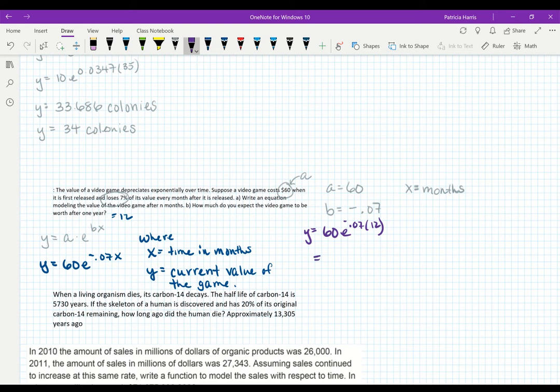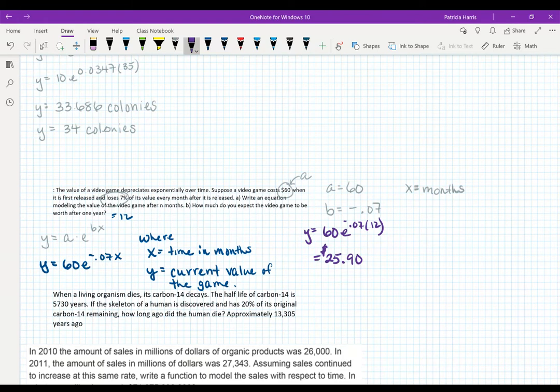Since this is a monetary value, dollars and cents, we probably want to round it to the nearest hundredths. I got 25.9, or $25.90.